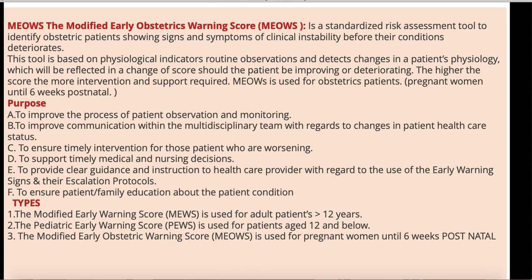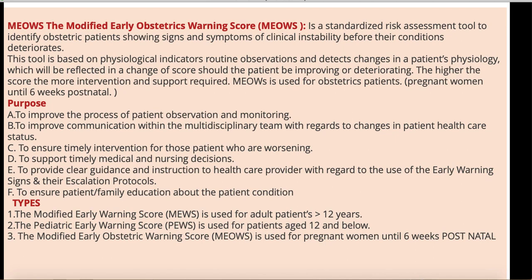By doing this score, we improve the communication within the multidisciplinary team with regard to changes in the patient's healthcare status, to ensure timely intervention for those patients who are worsening, to support timely medical and nursing decisions, to provide clear guidance and instructions to healthcare providers with regard to the use of early warning signs and their escalation protocols, and to ensure patients' family education about the patient's condition.